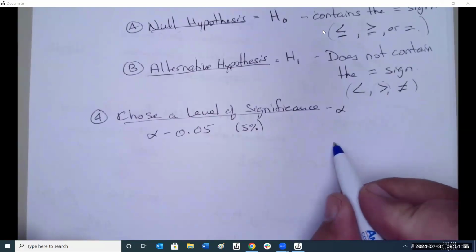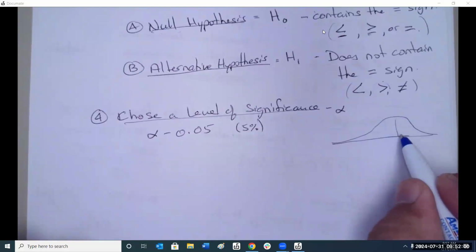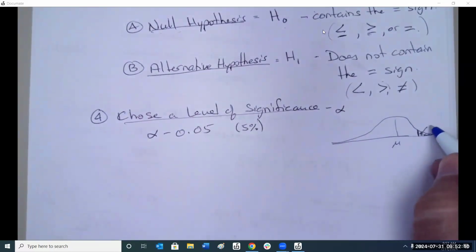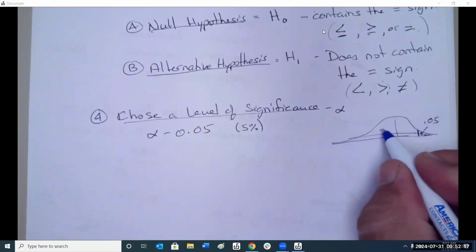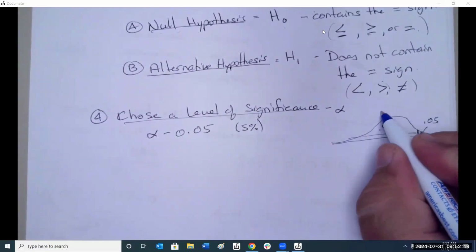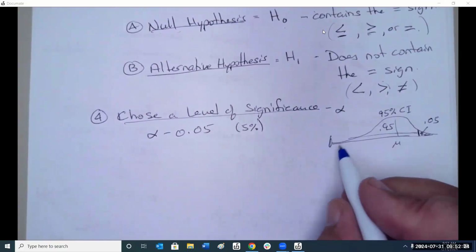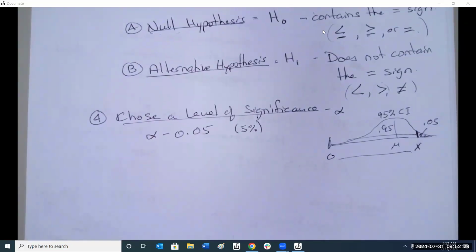Which means, let's say that we wanted something higher, the game of chance. What this says is your chance of winning is 0.05. Your chance of losing is 0.95, or the 95% confidence interval. So anywhere from 0 to this number, you lose. That's the confidence interval.